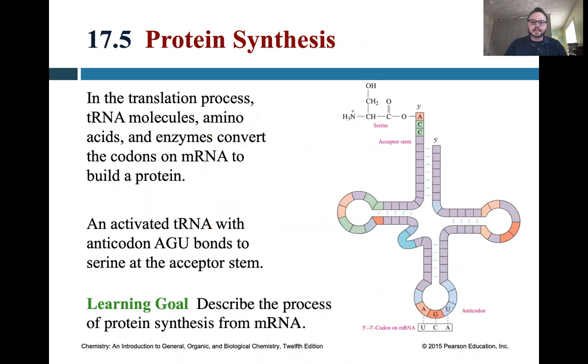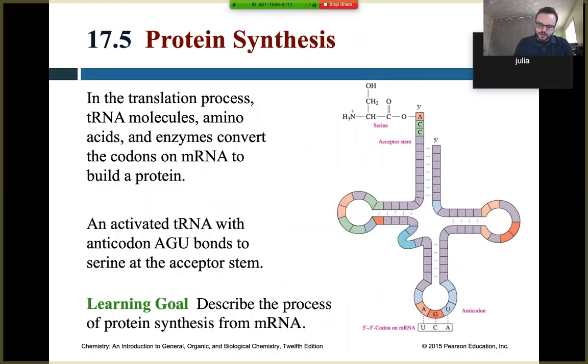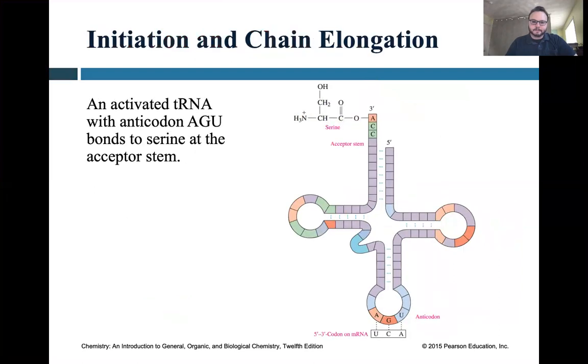So let's talk a little bit more about what's going on inside the ribosome itself, right? We have a very similar picture that I used for this section, which is protein synthesis. So we had our tRNA before, right? Remember that we were missing something? And that's our serine amino acid sitting at the top of that tRNA. So when your body needs to, it's called charging.